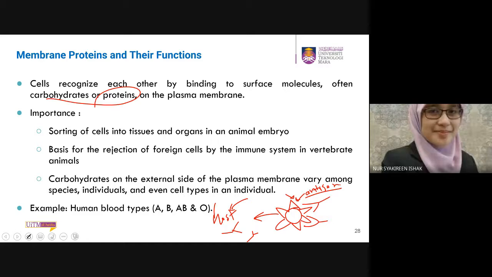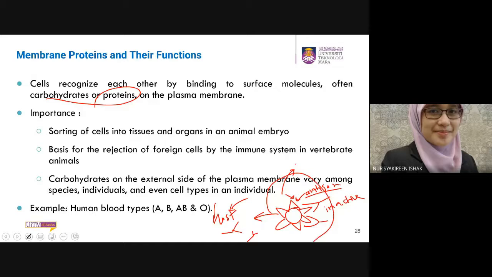The antibody binds, and this can cause the foreign substance, in this case, for example, the virus or pathogen, to be inactive. Tak boleh nak masuk dalam sel-sel badan awak untuk merosakkan sel badan. Once this pathogen is in the inactive state, then will come another white blood cell.